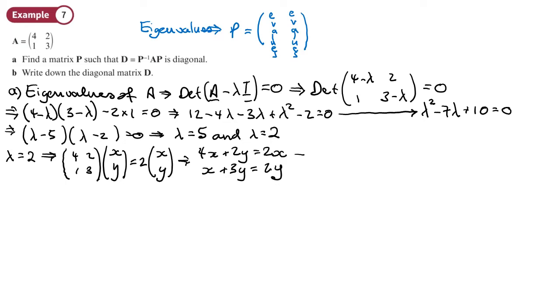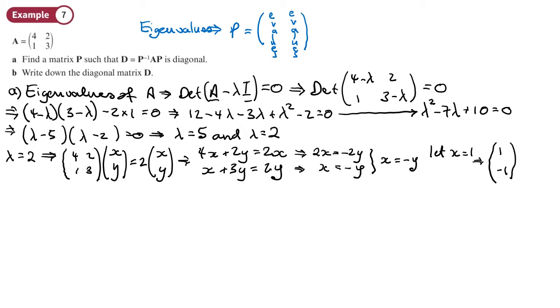So the top equation will give us 2x equals minus 2y. Now what does the bottom one give us? x equals minus y. So they're both telling us the same relationship, that x equals negative y. So if, for example, I let x equal 1, that will give me an eigenvector of 1, minus 1.